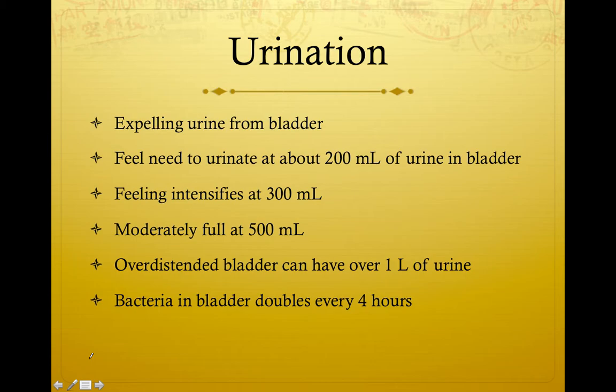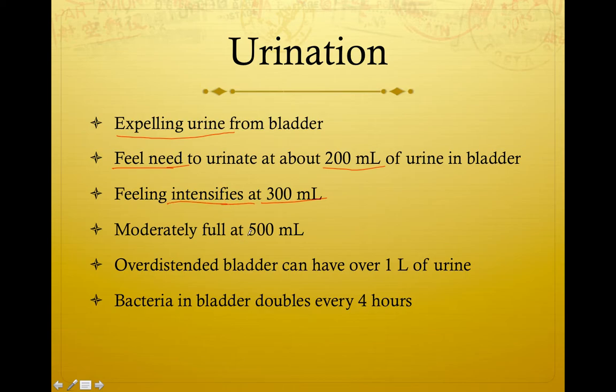When we talk about urination, urination is the process of expelling urine from the bladder, getting it out of your body, and you will have various stages of needing to go to the bathroom. When your bladder has roughly 200 milliliters of urine in it, you'll have this, hey, I kind of need to go to the bathroom. Not super bad, but you'll notice it. At 300 milliliters, you're like, maybe I'm going to go to the bathroom sometime soon. So the feeling intensifies.